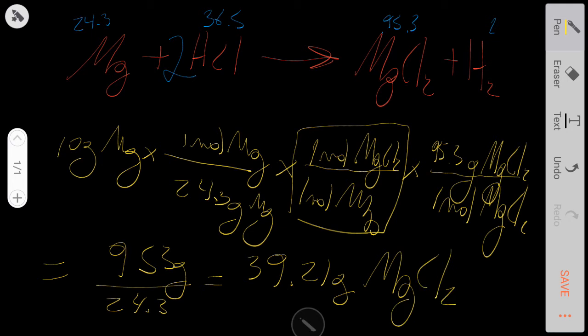So that would answer, how do I solve a problem where I have a certain amount of reactants? How much product can I make? Of course, you could do the same thing for H2.